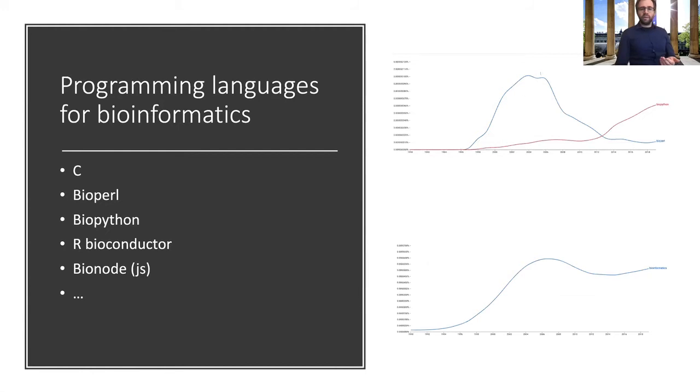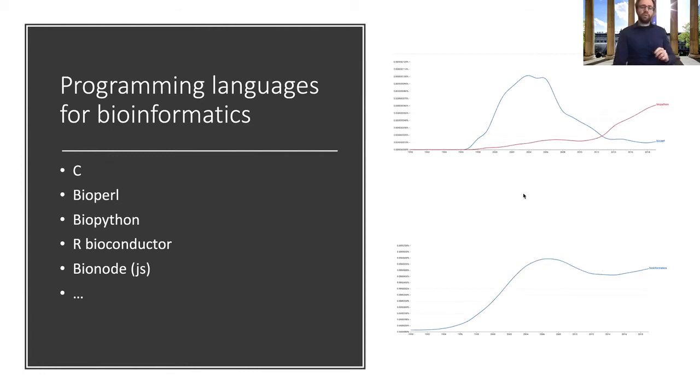This blue line here is Perl, and this red line here is Python. And what you can see is that this is in the early 90s. Perl started to become very popular, and in particular, BioPerl was very popular as it was the first programming language used for bioinformatics. Here, this blue line, this is basically the popularity of bioinformatics.